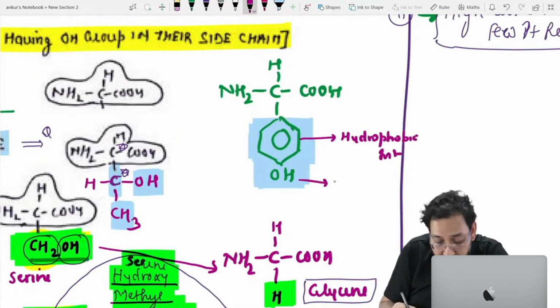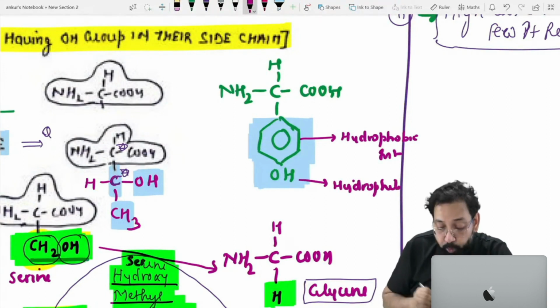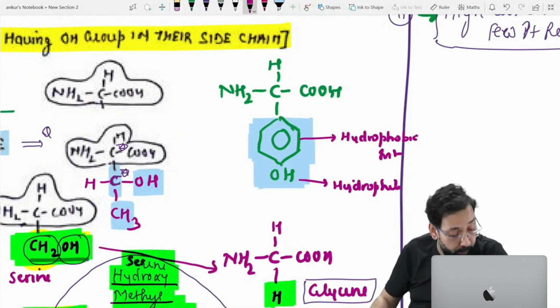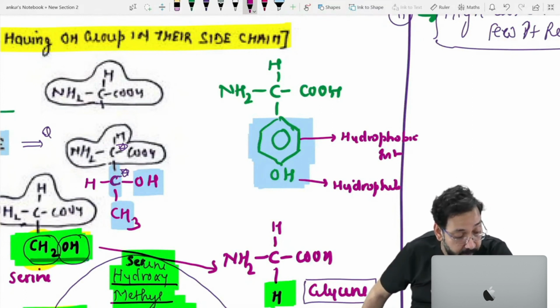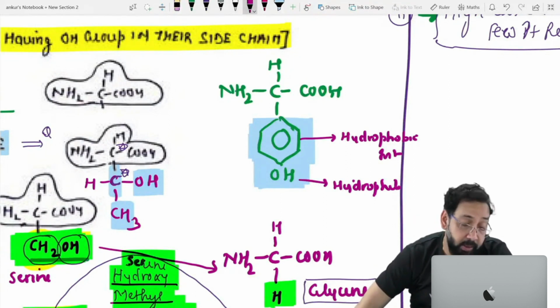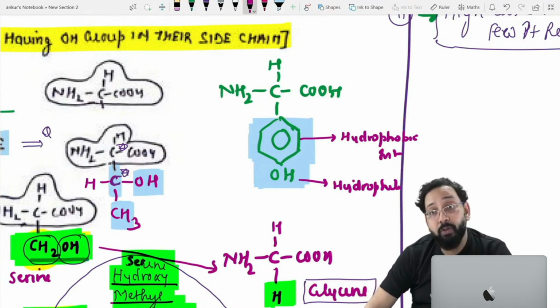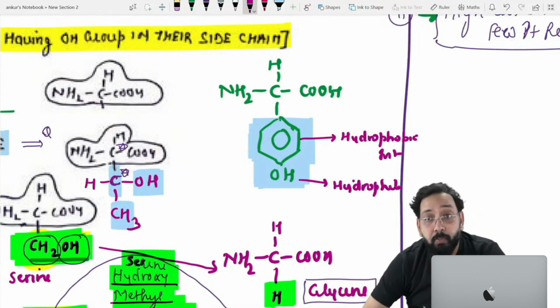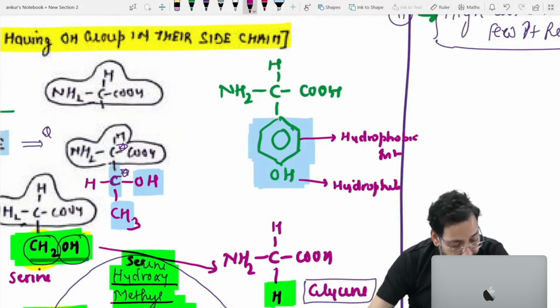Due to OH, it has hydrophilic property. So tyrosine has both hydrophobic and hydrophilic properties. That's why sometimes we consider tyrosine as polar, sometimes as non-polar, depending on the question, because it has both polar and non-polar properties. Clear?